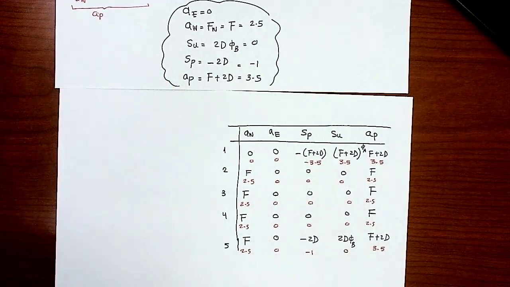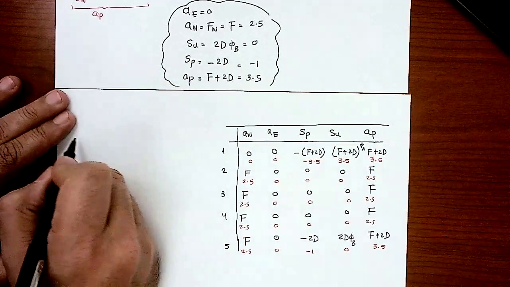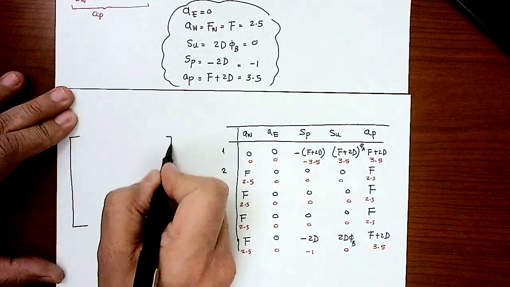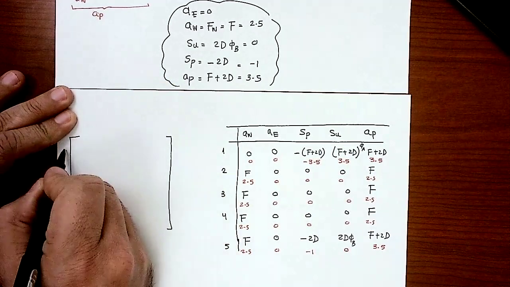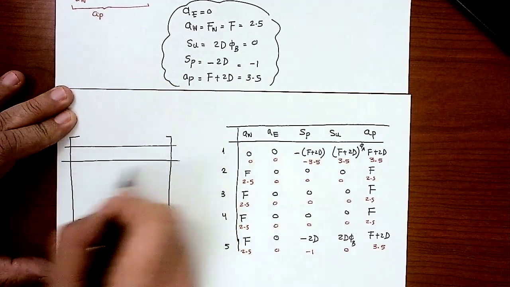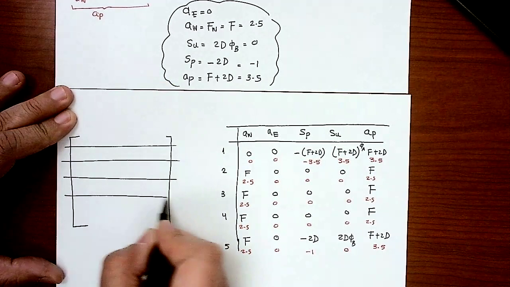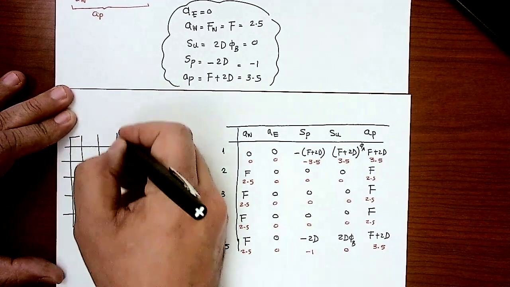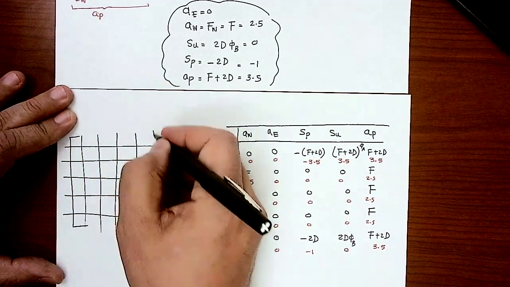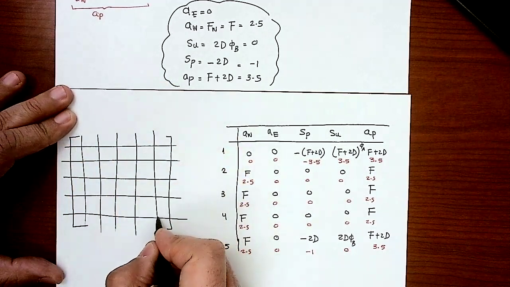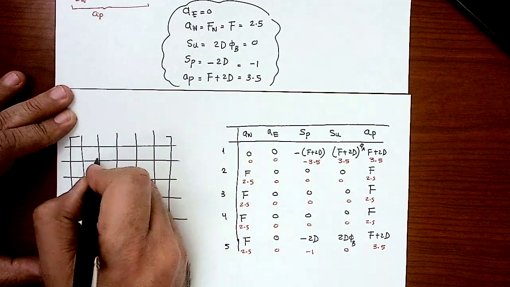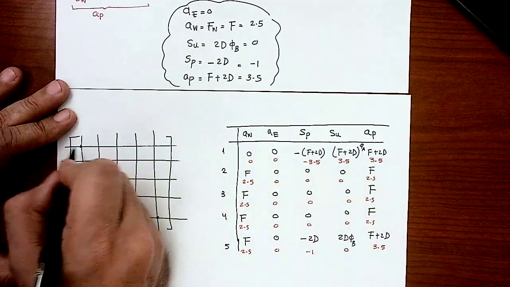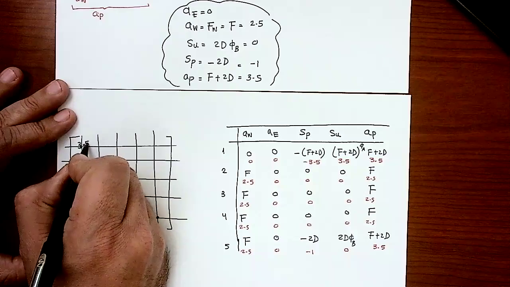If I want to construct my matrix, 1, 2, 3, 4, and 5 by 1, 2, 3, 4, and 5. The diagonal values are my AP values. So for node number 1, I will have 3.5.